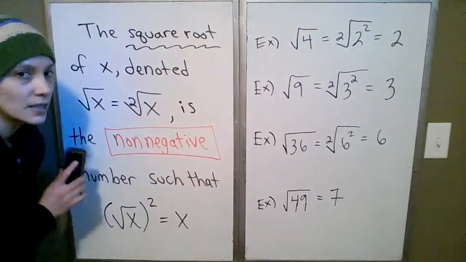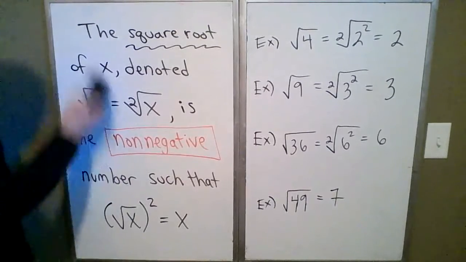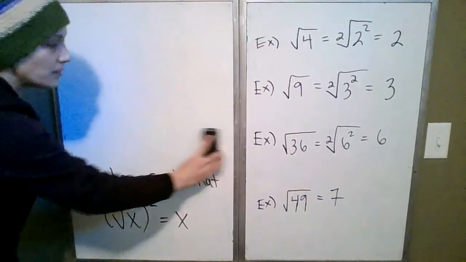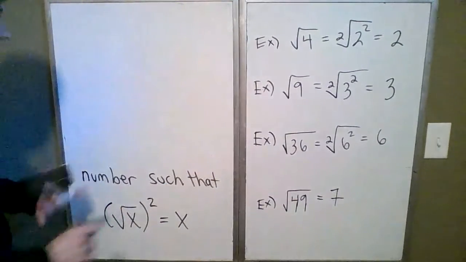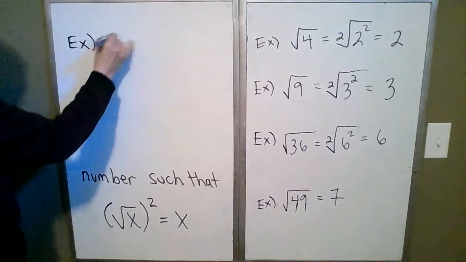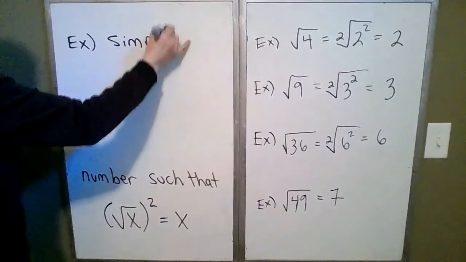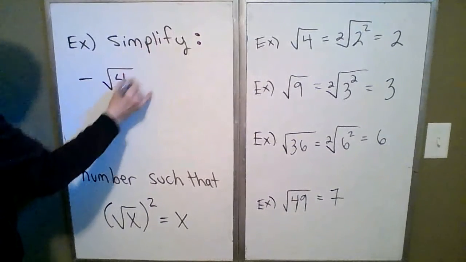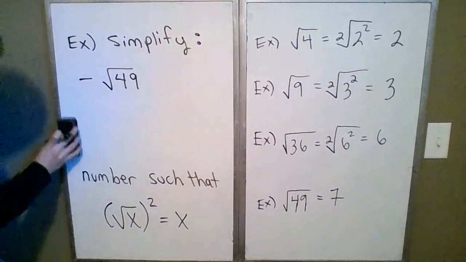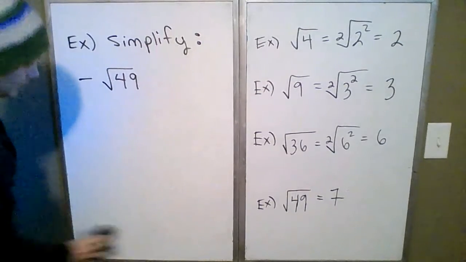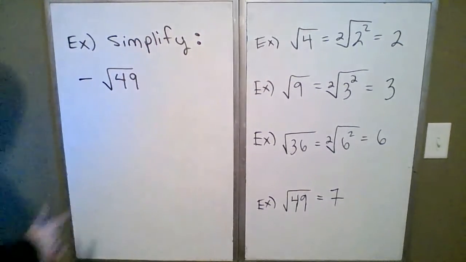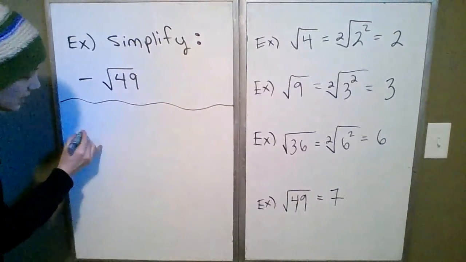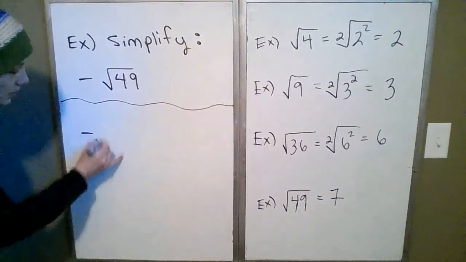Okay, but it could get a little tricky after that. If you have a negative sign outside of the root, then you're taking a negative of that root. So looking at something like negative root 49, if it were me, I would think of it like you have this negative, and let's write the problem.